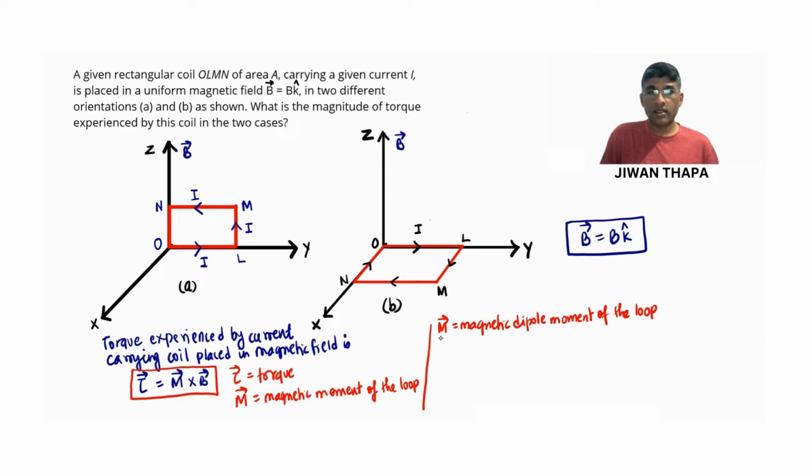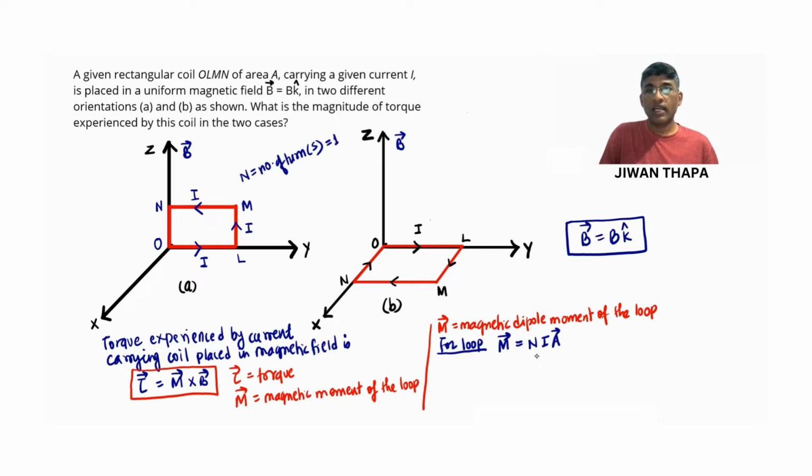And for a current carrying loop, vector M equals N I vector A. So N represents the number of turns, and in figure A and B we have N equals 1.